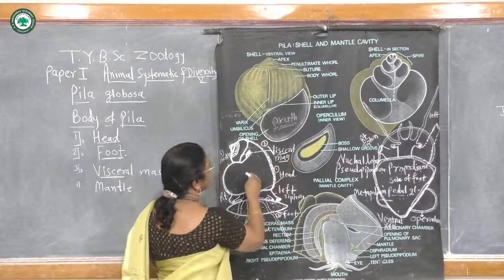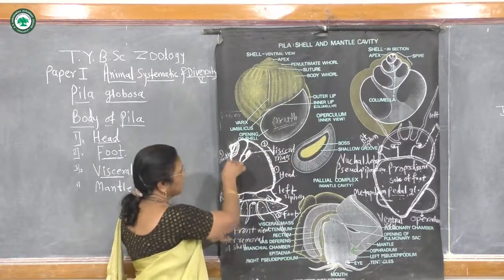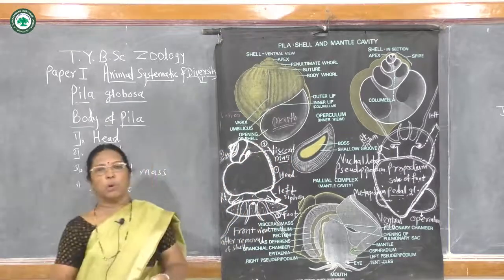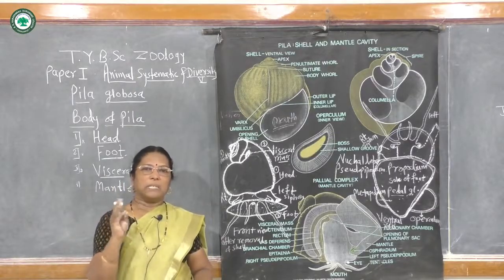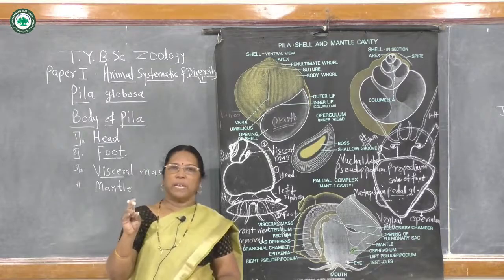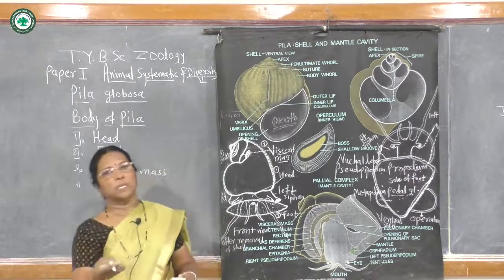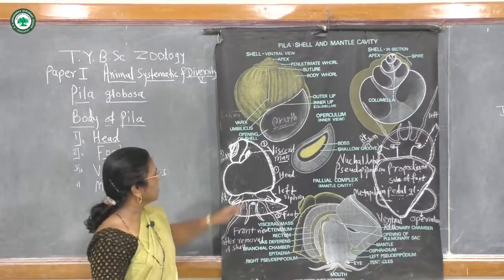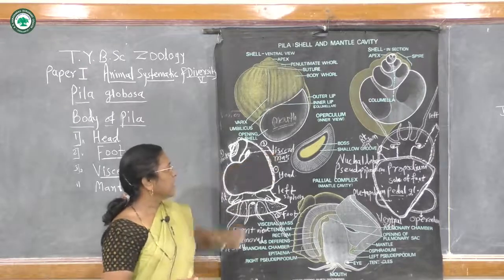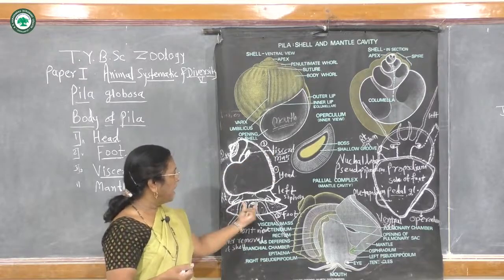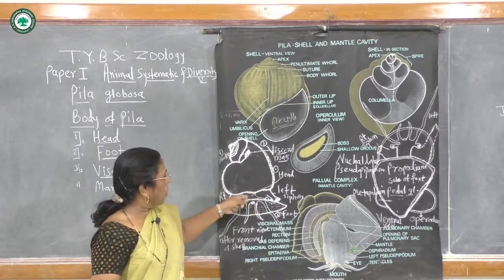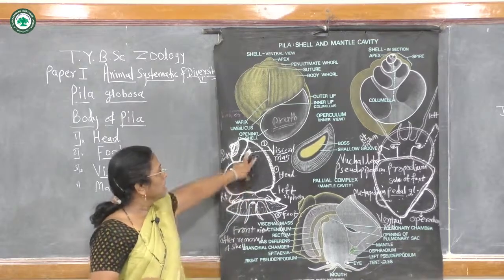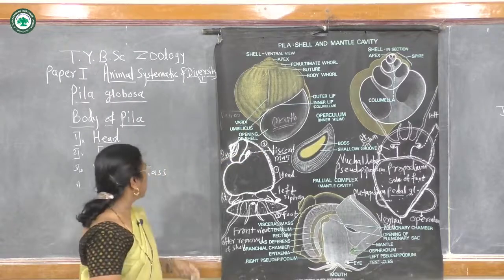This visceral mass contains the digestive system, respiratory system, excretory system, reproductive system and nervous system, all enclosed within the visceral mass except head and foot. Without head and foot, all the body organs enclosed within this shell are called the visceral mass.